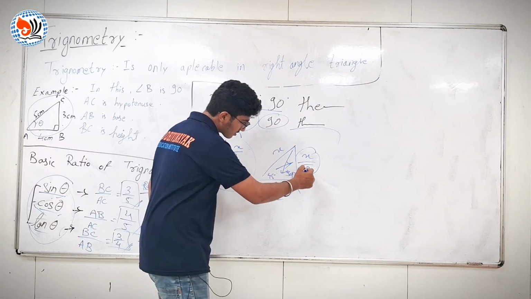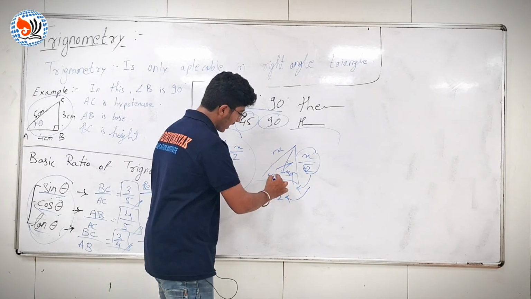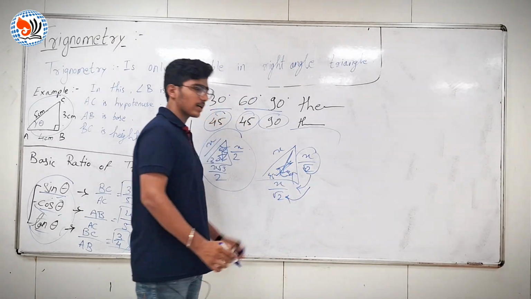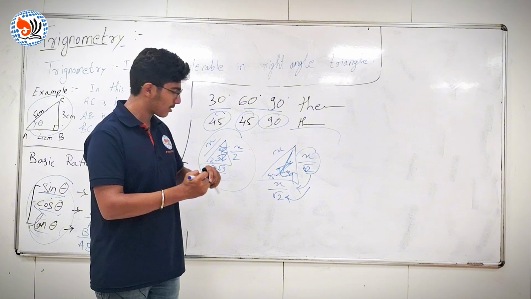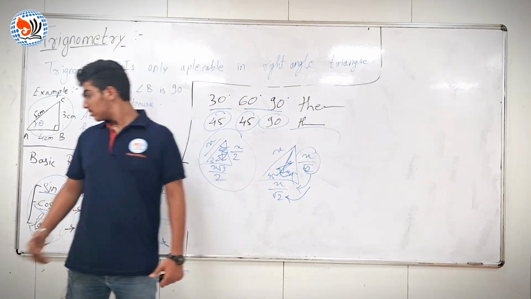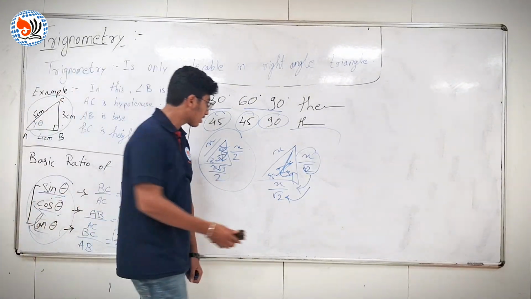Why is this value equal to this value? Because the angle is the same, so it will contain the same measurement of sides. So we take the session further.